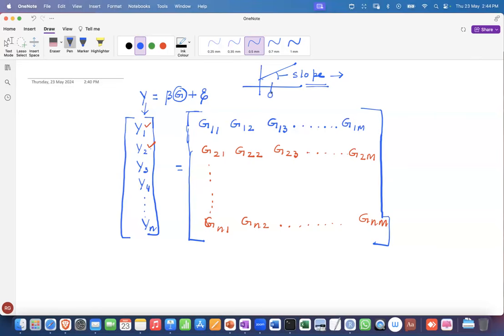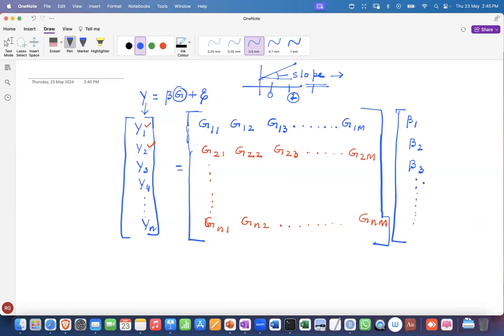Here you had 0, 1, and 2, right? And one change in this particular allele would bring about a change in the slope. So the next one that you have here is your effect matrix. This is nothing but B1, B2, B3, and this will run up to where?